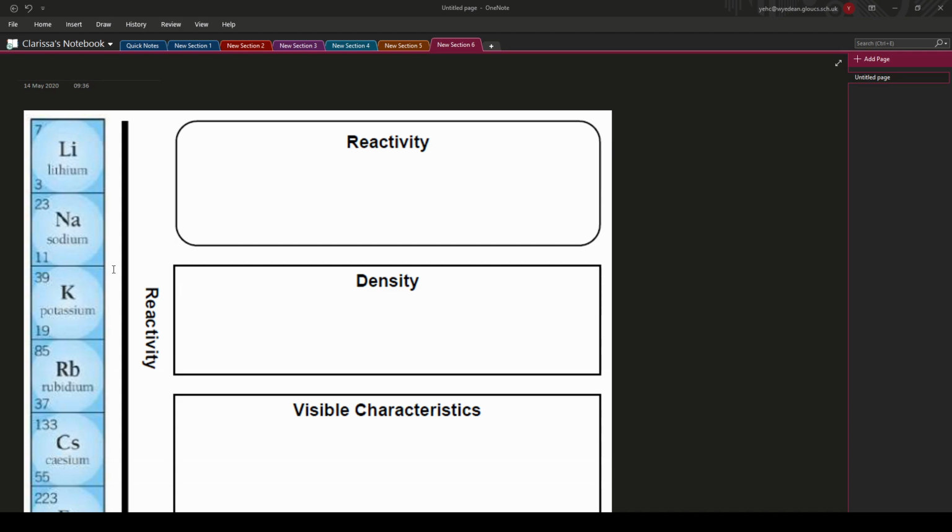That number is unique because the number of protons determines what the element is. Okay, so just to start off with, we're going to be quickly focusing on group 1. That's the column all the way on the left-hand side.